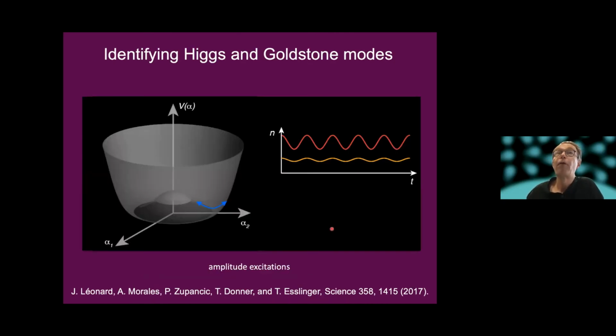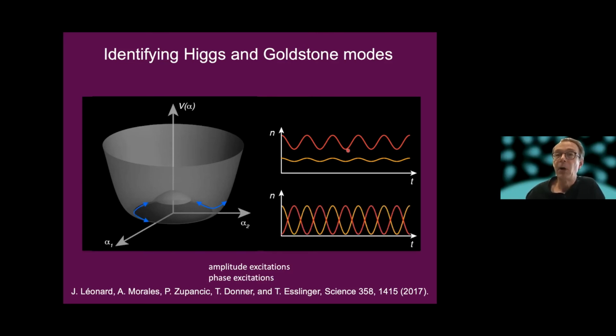Okay, so for the Higgs mode, you would expect that both fields are modulated, or both photon numbers are modulated, in time in phase. So that gives you a total change in the field strength.